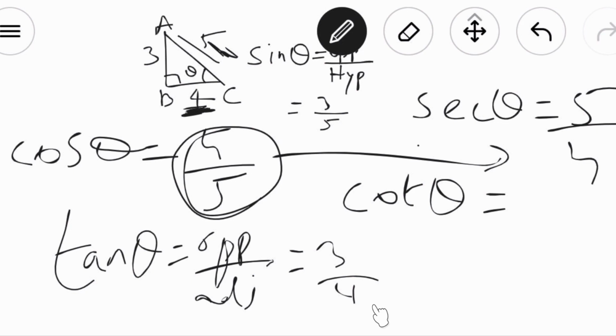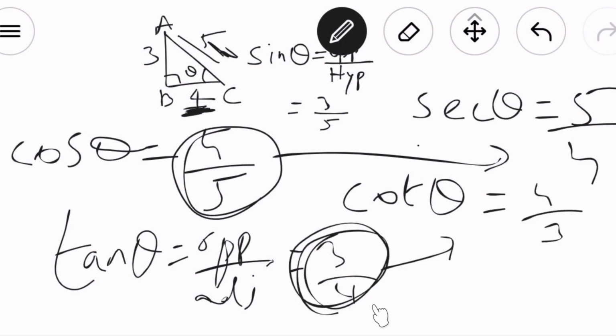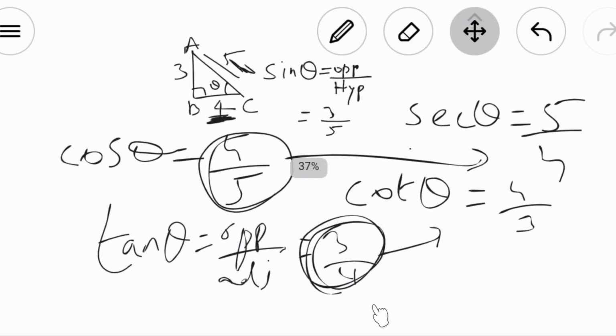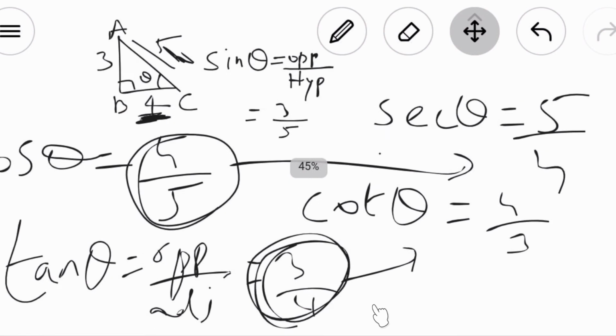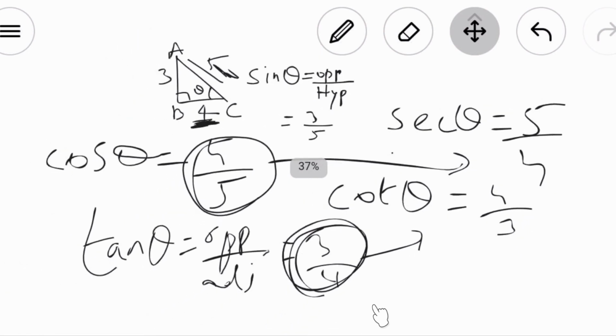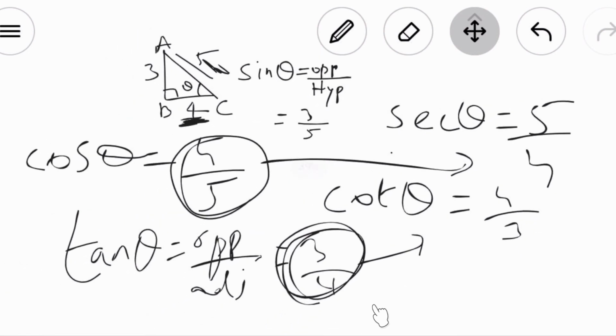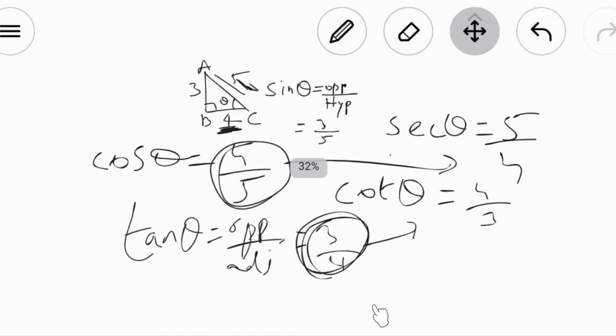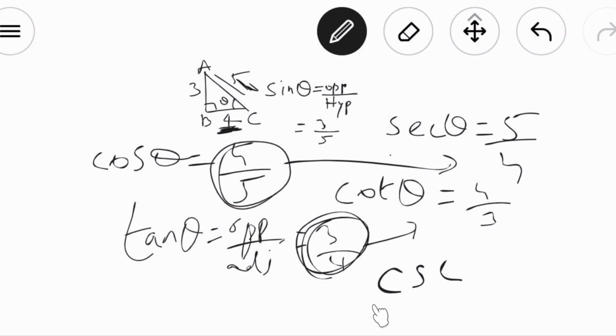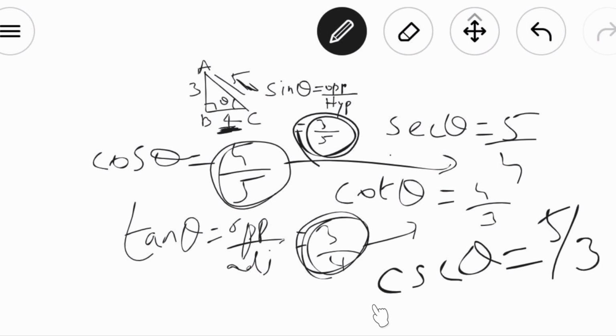Cotangent is going to be the inverse of tangent, 4/3. And cosecant theta, which is the inverse of sine theta, is 5/3. That's it, as simple as this, 6 functions.